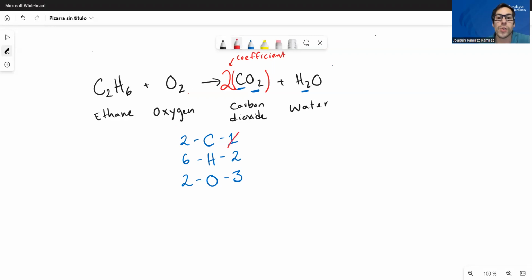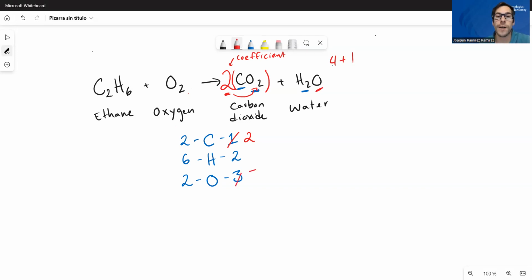So now I have 2 carbon atoms in the right part of the equation. But I also affected the oxygen atoms. So I need to take that into account. So I will multiply this large 2 by the 2 here. So I have a total of 4 plus 1 that it's bonded to the water molecule.